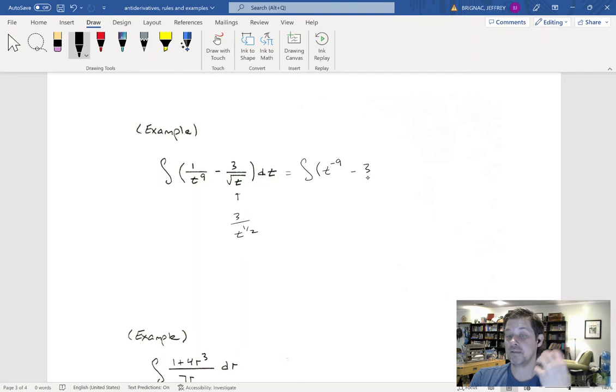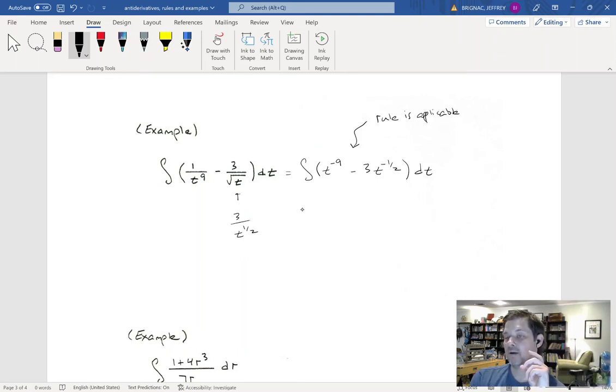Again, thinking about this now in terms of negative exponents, I could say it's 3 times t to the minus 1/2 power. So that's the way that I need to see this one. If I get it like this, then I have my rule to be applicable, whereas it's not applicable the way that I initially had it.